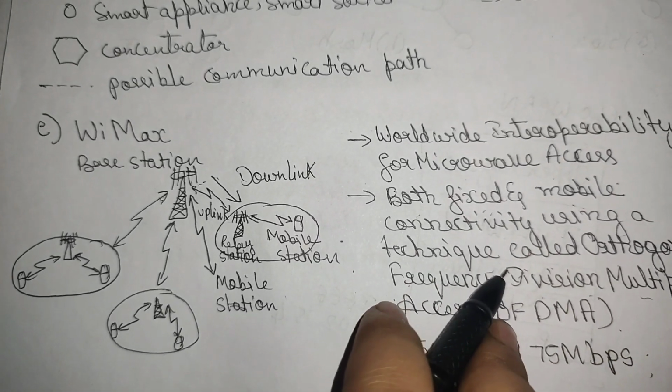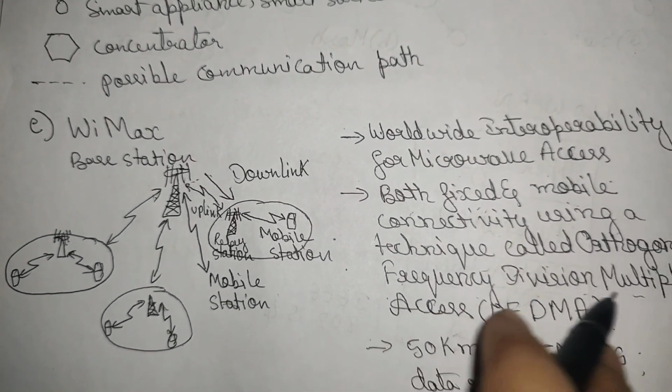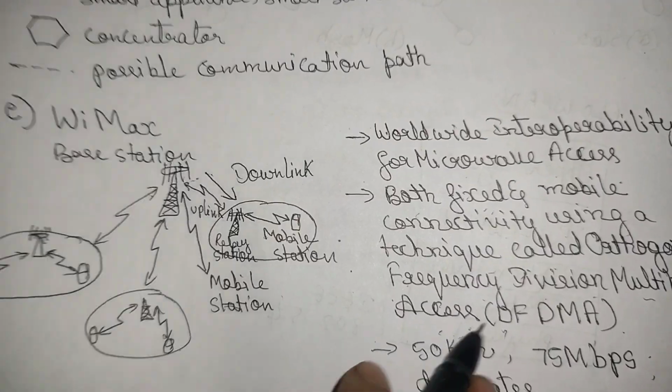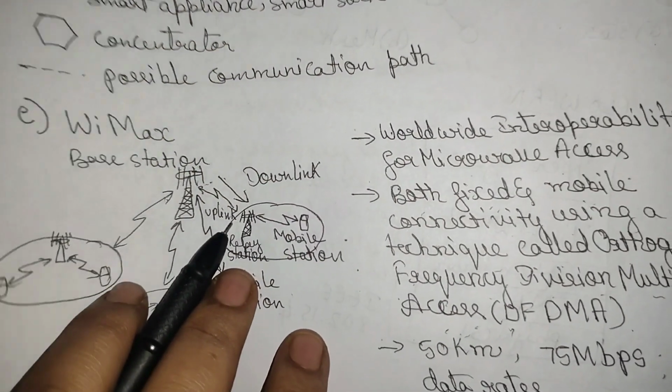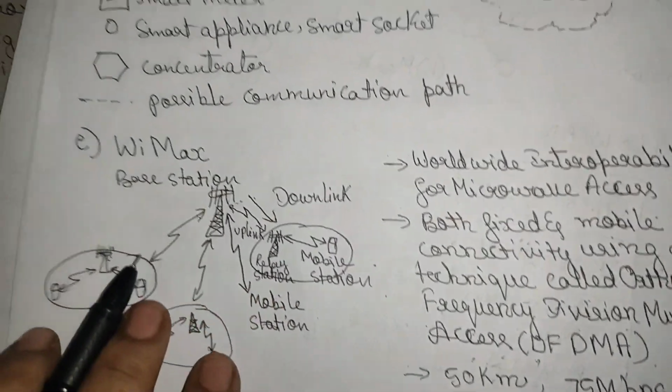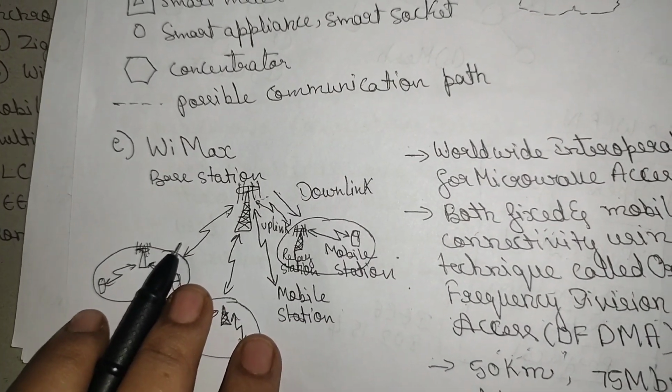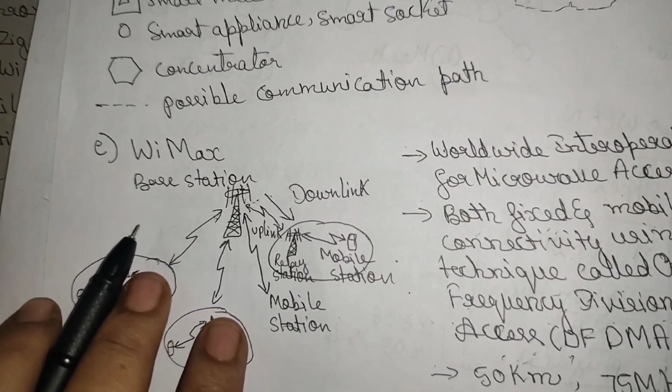This is for 50 km, with 75 Mbps data rates.